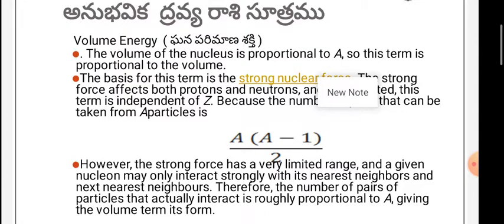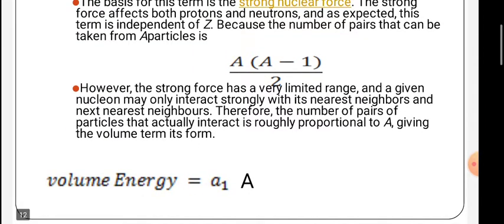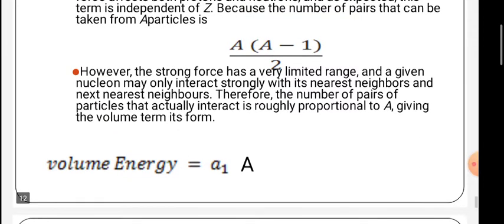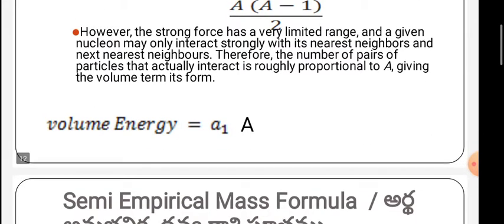However, the strong force has a limited range, that is, a nucleon may interact strongly only with its neighbors and not with far away nucleons. Therefore, the number of pairs that actually interact is roughly given by the above formula. Thus, volume energy is taken as proportional to A, and that is equal to a1 times A.